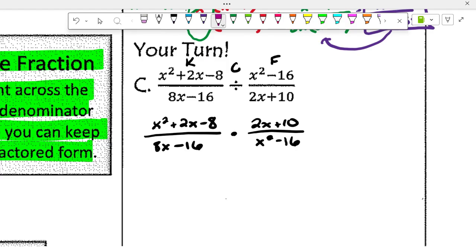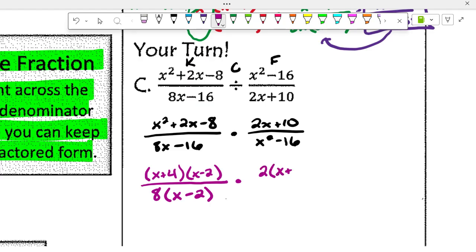Now, we're not going to do the whole factoring process, so I'm not going to do all the big X's and box methods, because looking around, most of you guys factored them correctly. So what does x squared plus 2x minus 8 factor to? X plus 4, x minus 2. Good. How'd you factor 8x minus 16? Good. Times, how'd you factor 2x plus 10? Good. And finally, x squared minus 16. Difference of squares.